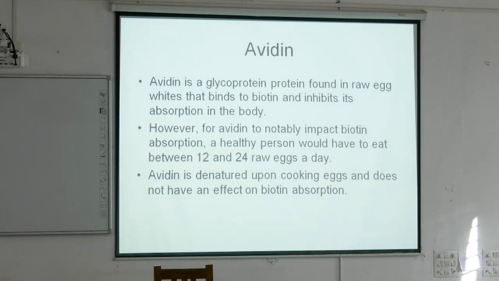What is avidin? Avidin is a compound found in raw egg white, which binds with biotin found in egg yolk. Biologically they have extreme affinity, so many compounds are separated using this biological affinity.